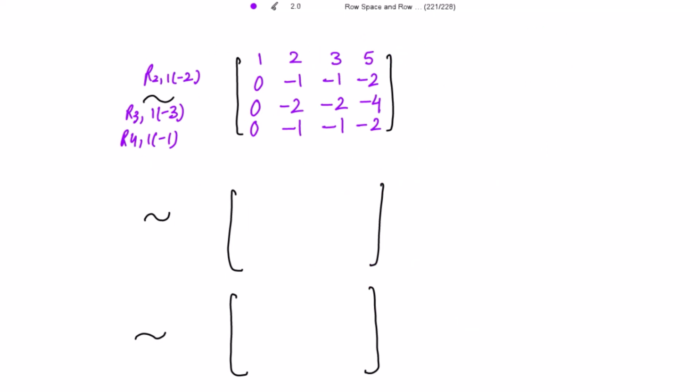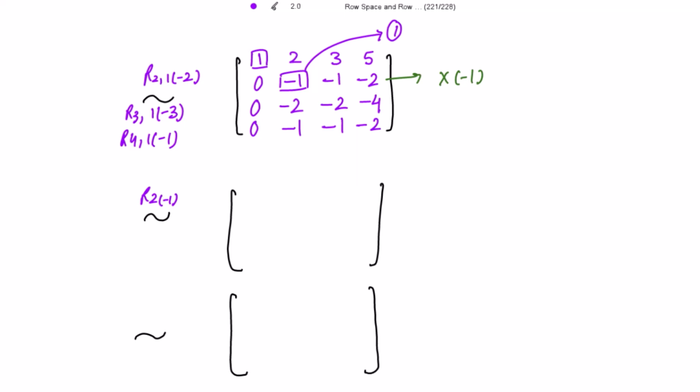So this becomes our leading element for the first row. For the second row, we have to make this the leading element. That means we have to make this 1 and all other entries of this column 0. So row 2 needs to be multiplied by -1, then only we can get 1 in place of -1.